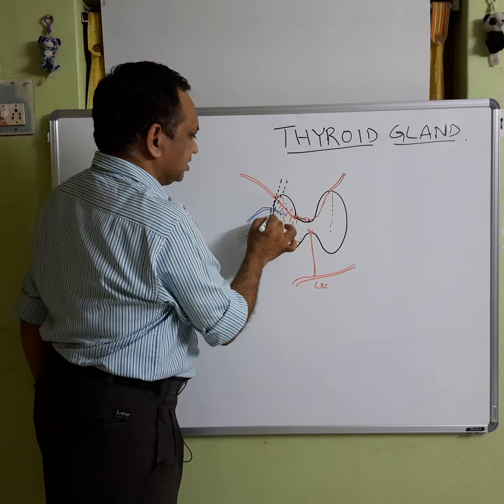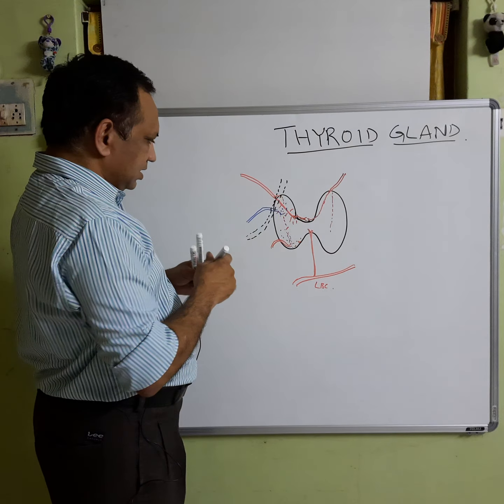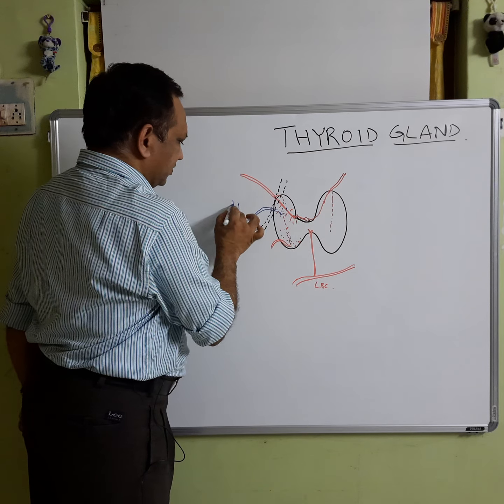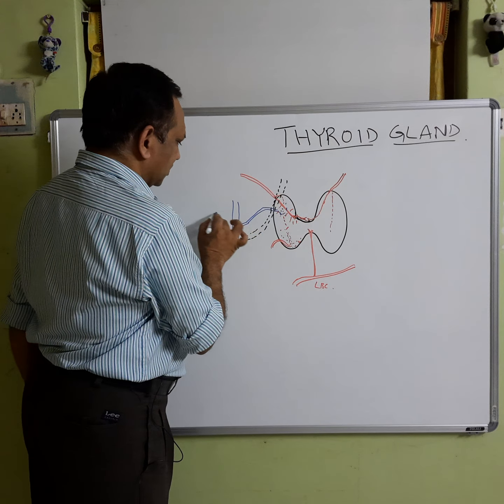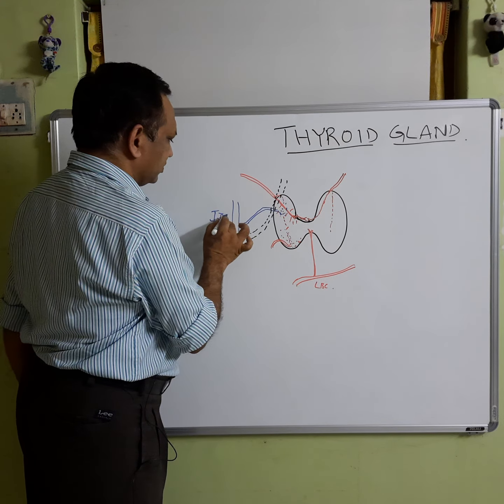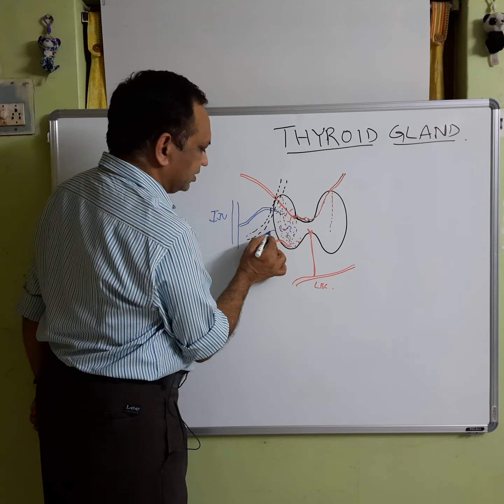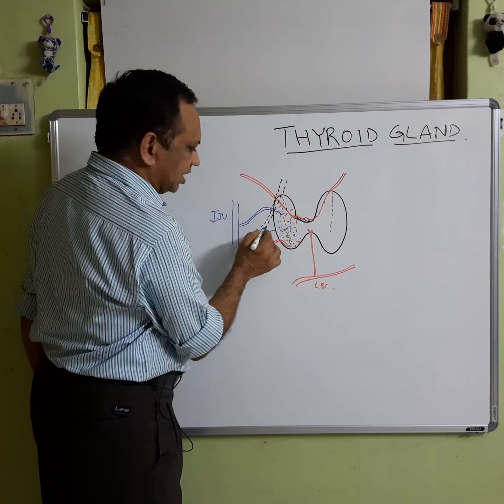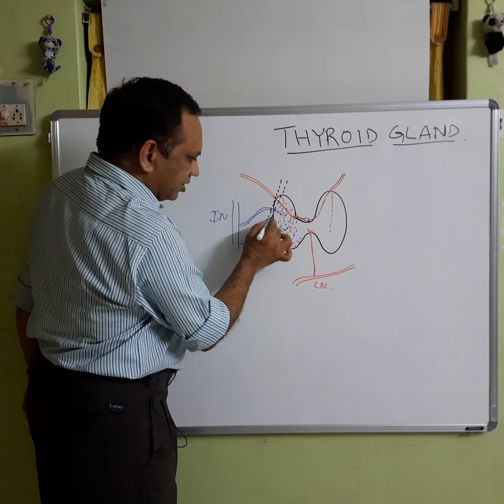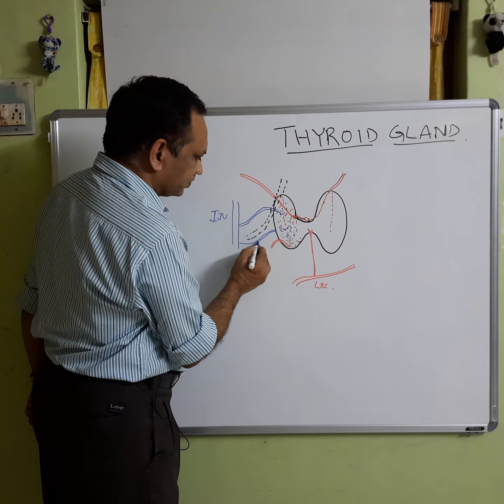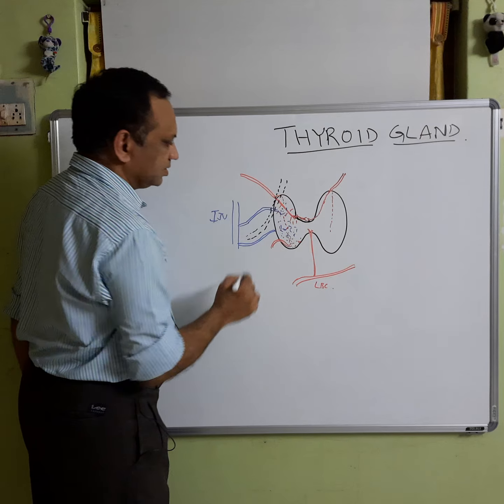This is the omohyoid muscle, and it joins the internal jugular vein. This is the internal jugular vein. The veins from the middle part and the lower part, they all form the middle thyroid vein, which passes along the lower border of this omohyoid muscle and joins the internal jugular vein.